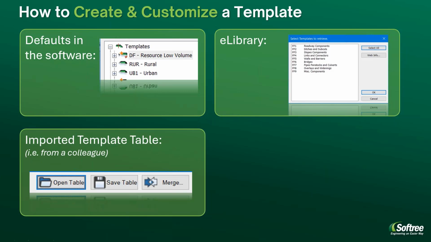The other way you can often get templates is through sharing. So you have the capability to save and share templates and set them as defaults. Once you've got a template that, say, a colleague has, you can just borrow it, bringing it in through opening their template table and using it in your own project. So templates are really intended to be reused throughout different projects.